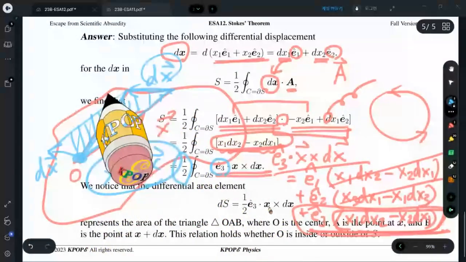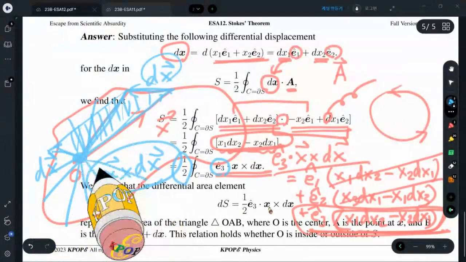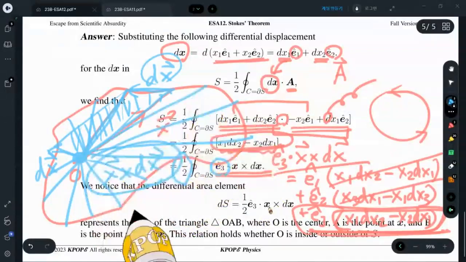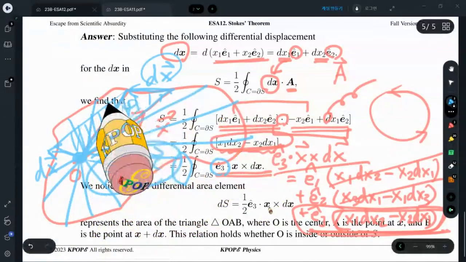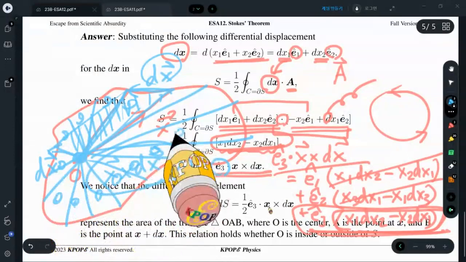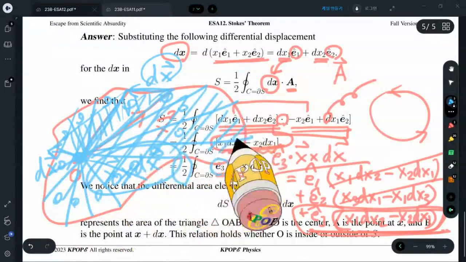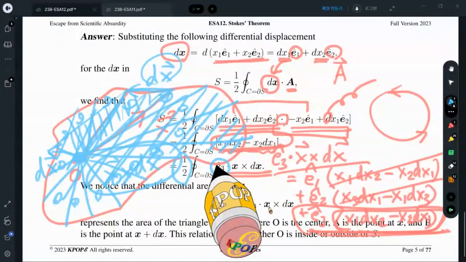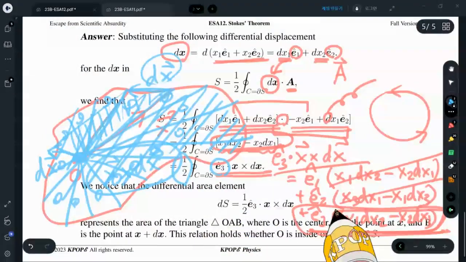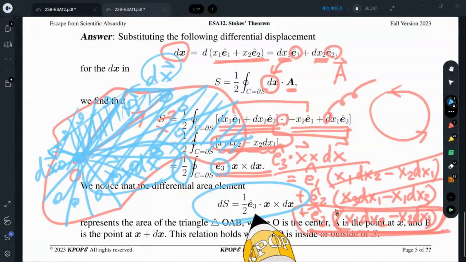If you integrate over the path, you are adding all of the areas of these infinitesimal triangles, and what you have done is to compute the area of this closed path. So it is a very, very useful formula to compute the area of an arbitrary closed path using this integral.